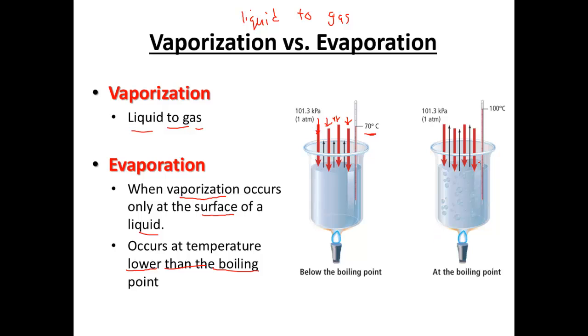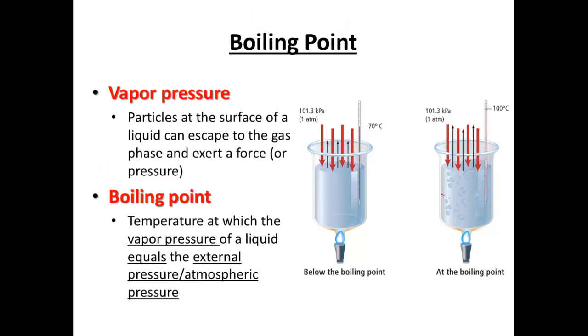At the boiling point, the temperature has risen, and more of our substance, since that extra energy is added, can be pushed and break that pressure from the atmosphere. So vapor pressure is the particles at the surface pressing down, exerting a force or pressure on the gas.